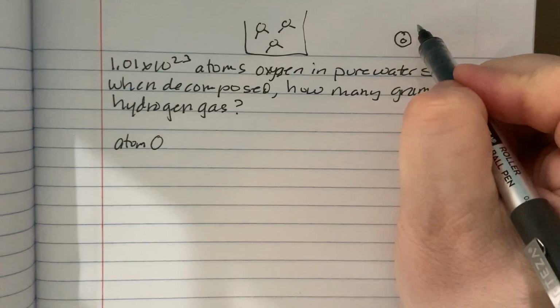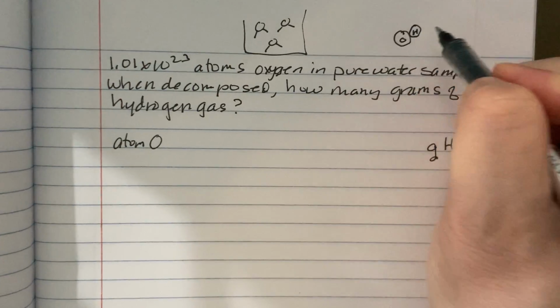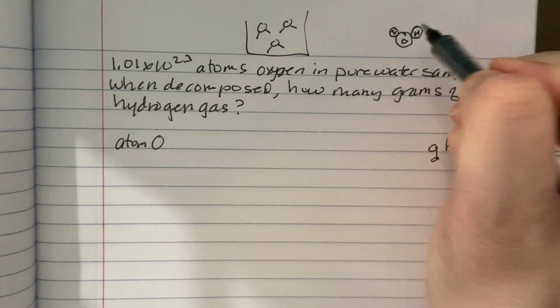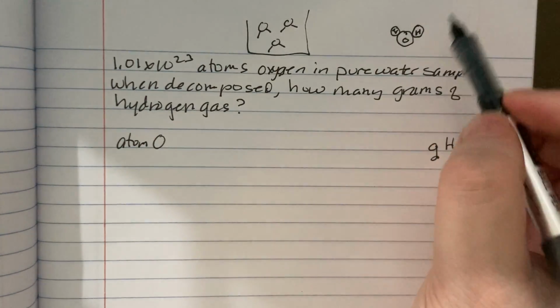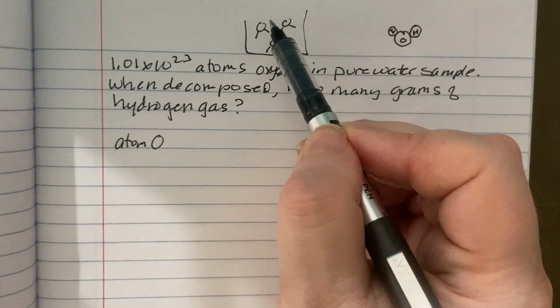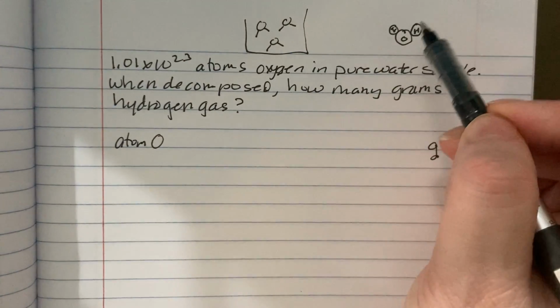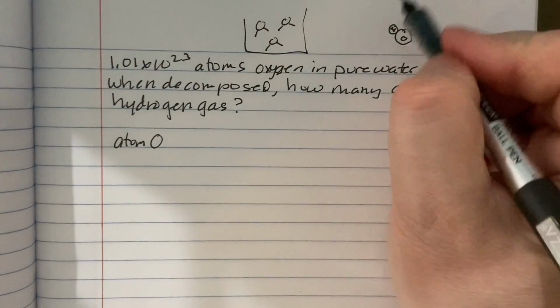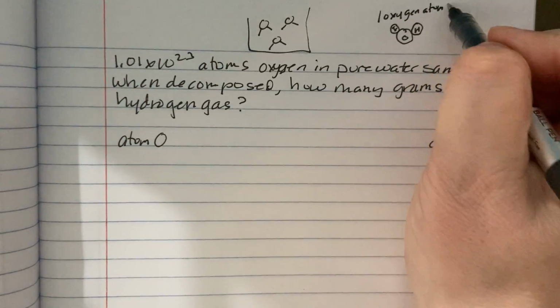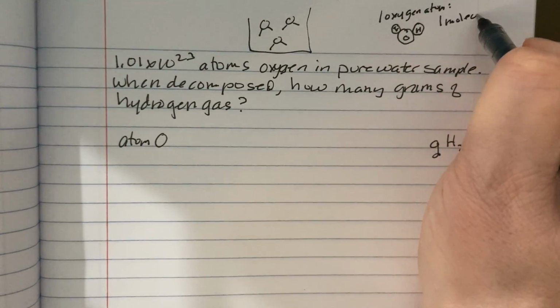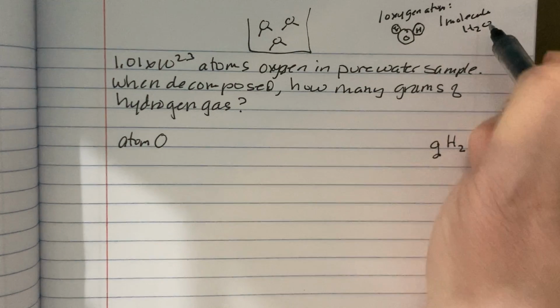We have oxygen, and then his little ears are those hydrogens. Okay, right? So in pure water sample, there's just water in there. So that means there's one oxygen atom for every one molecule of water.